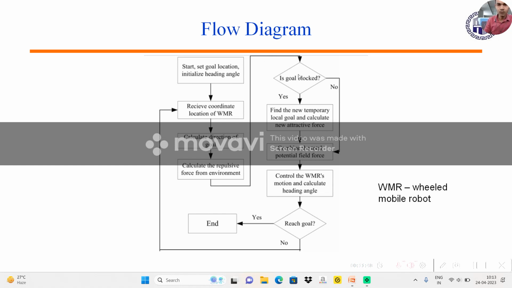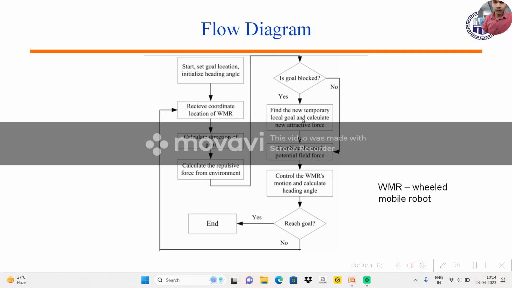Thereafter comes the question: is the goal blocked? There will be two answers, yes or no. If the goal is blocked, find a new temporary local goal and calculate the new attractive forces so that it can move to some other new goal from where it will try to reach the actual goal state.